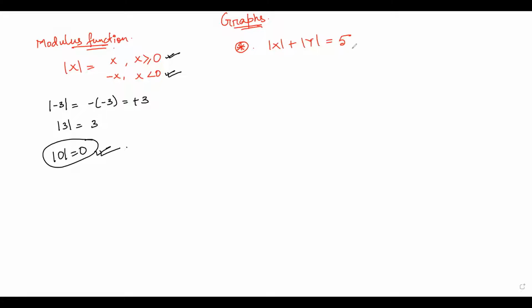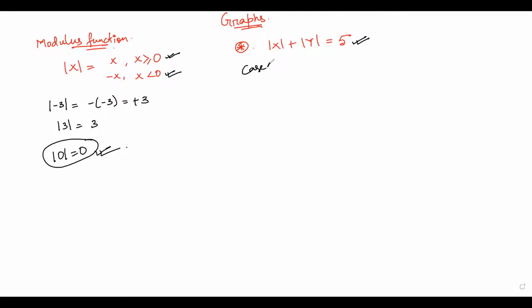Now, say we have been given this equation, mod of x plus mod of y equal to 5, and we have to plot the graph for this equation. To plot the graph for such kind of equation, it would be better to remove the modulus sign first and frame the equation, which we can do by making cases.